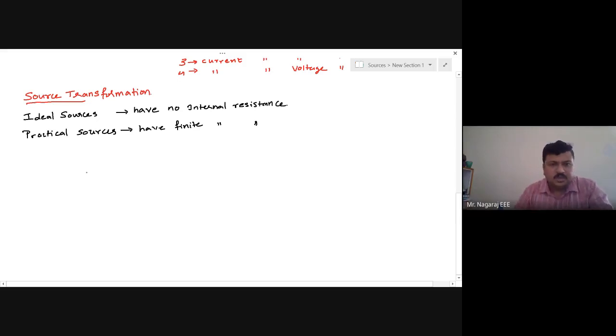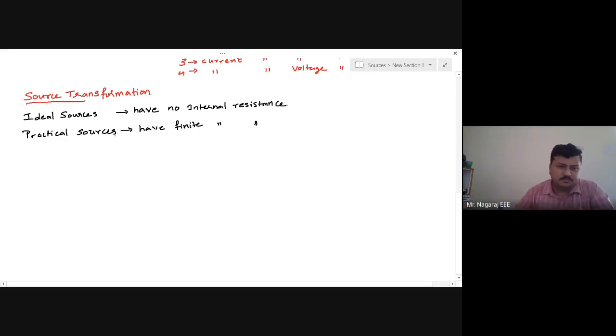But in practice, getting ideal sources is near to impossible, because any components or elements I use in fabricating or manufacturing these sources are all practical devices and have their practical limitations.